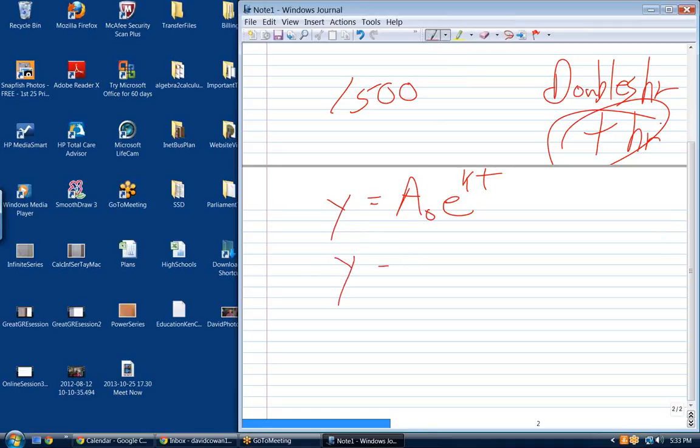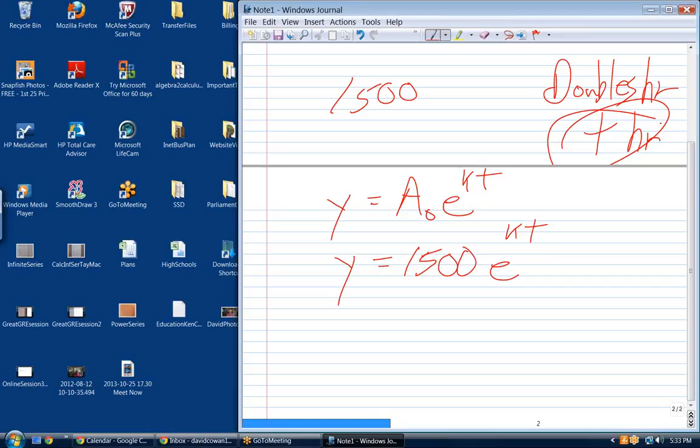So we know this much. So y equals 1,500 e^(kt). Unfortunately, we have two variables there, so that's not really the answer they're looking for.